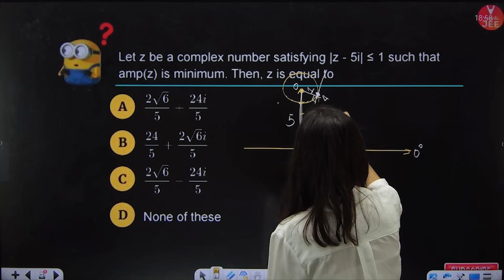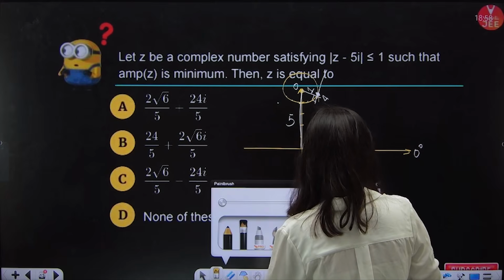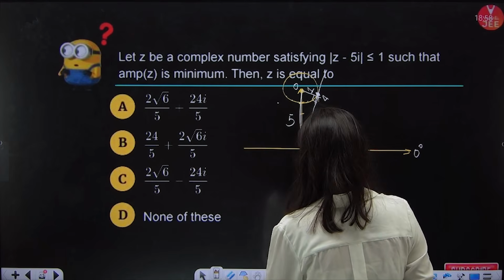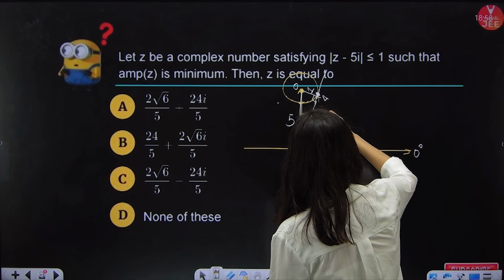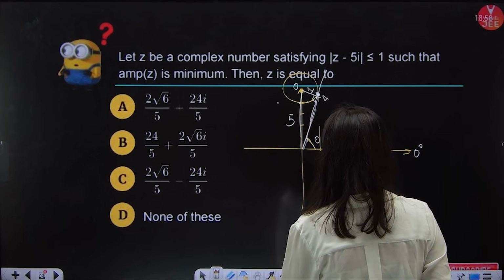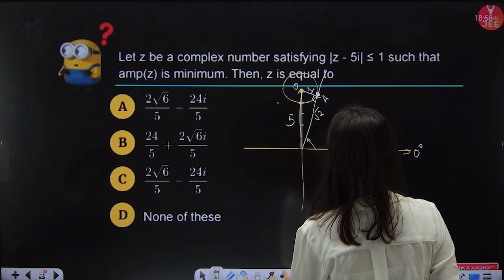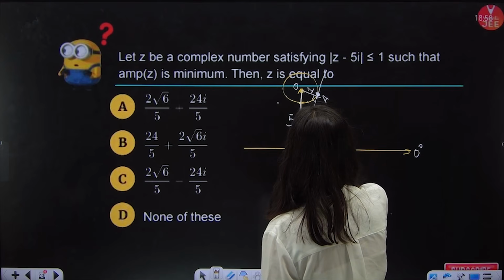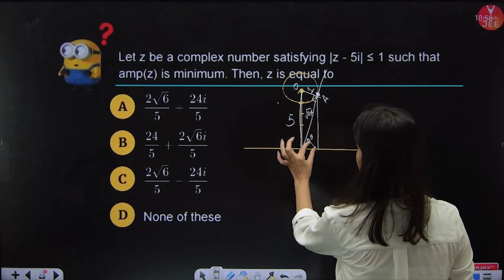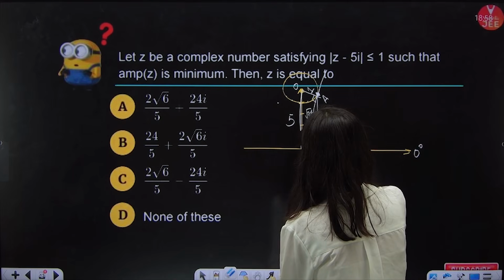Hold on. This length is root 24. Hold on, I will make this one more time. This length is root 24. This is your perpendicular. This angle I am marking as theta.